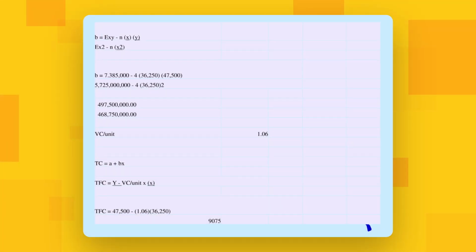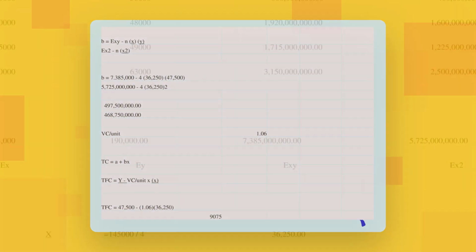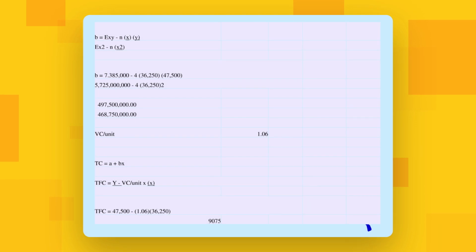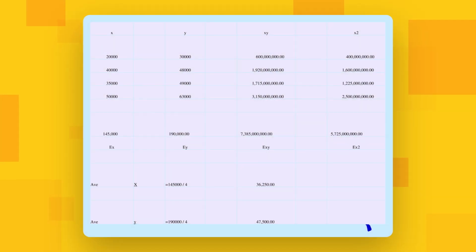Go back to what we computed earlier for summation of EXY, and this is 7,385. So, 7,385 minus 4, because you have 4 data points: 1, 2, 3, 4.